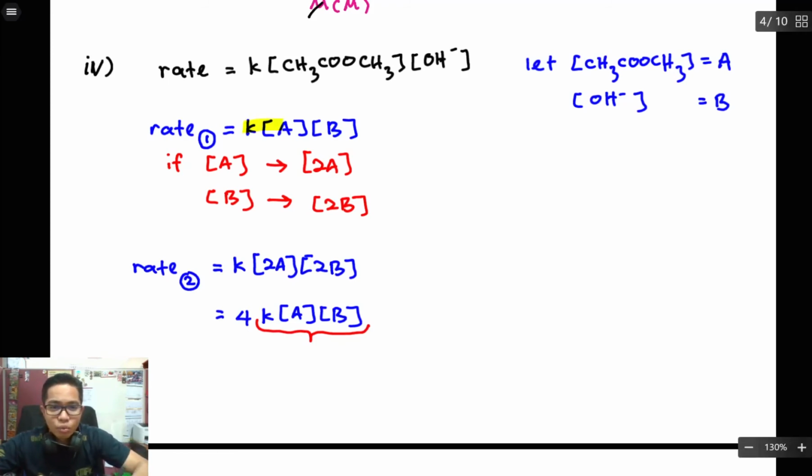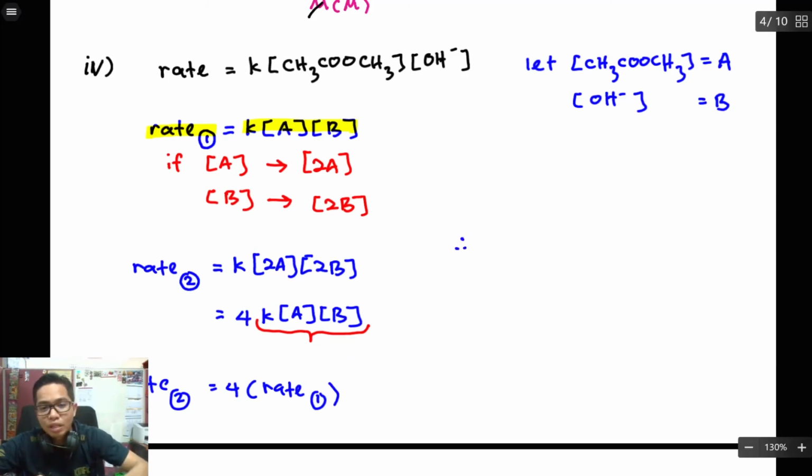Rate 1 equal to KAB. So K times A times B equal to rate 1. So now we can write rate 2 is 4 times rate 1. Dah dapat jawapan kan?